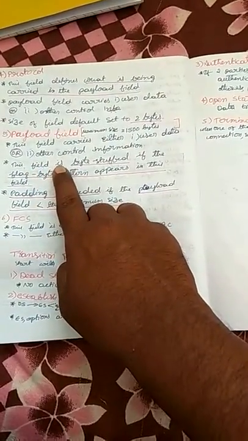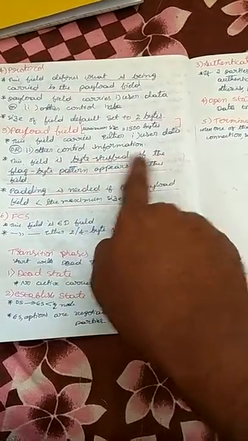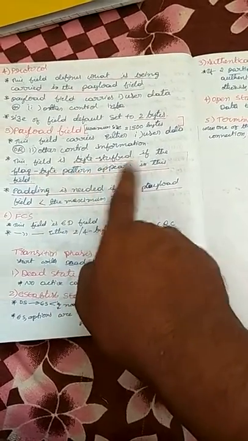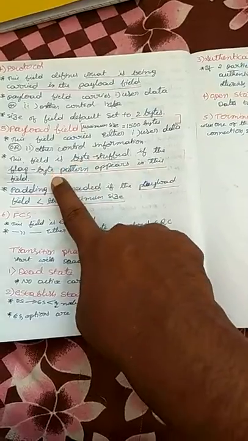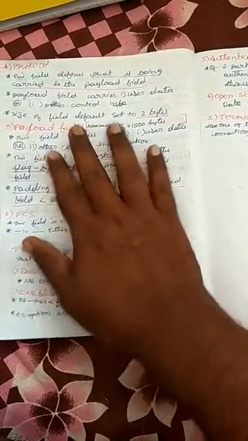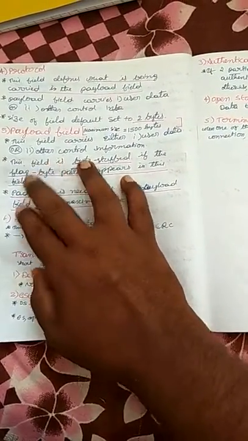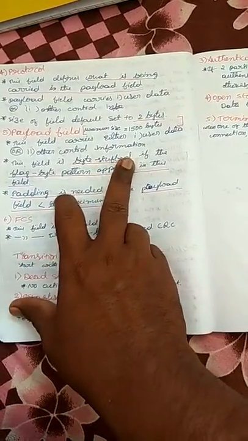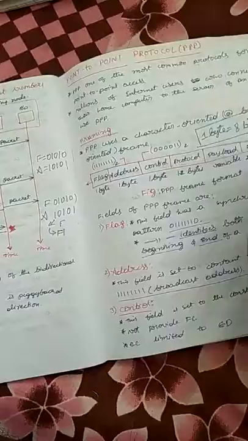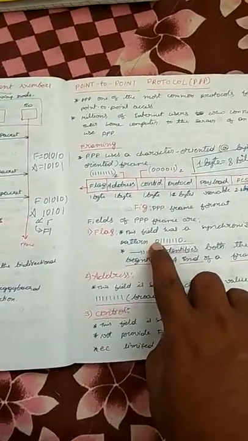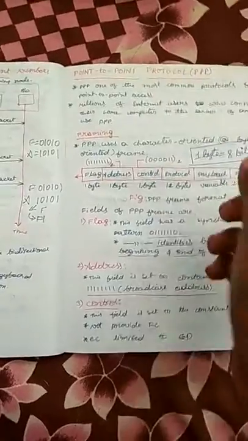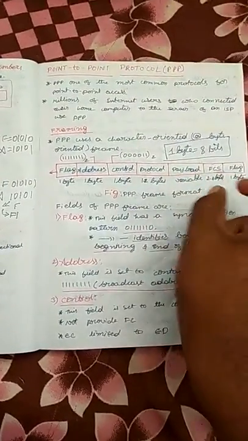This field is bit stuffed if the flag byte pattern appears in the field. This means the payload can be bit stuffed, if the same pattern, 0 followed by 6 ones, appears in this place.